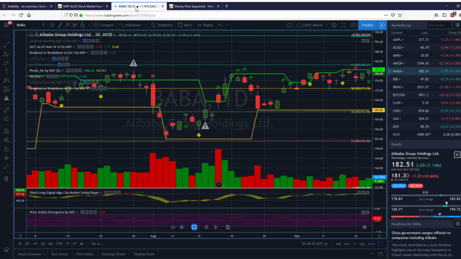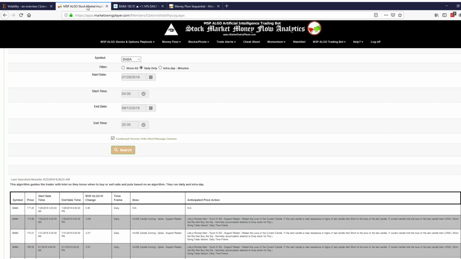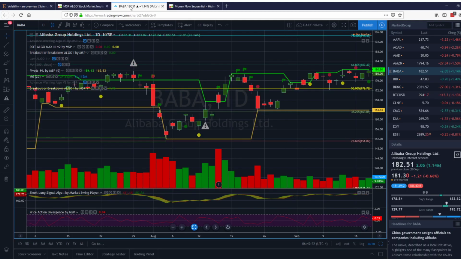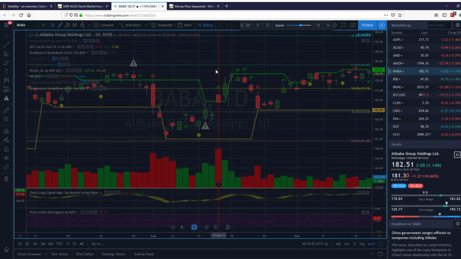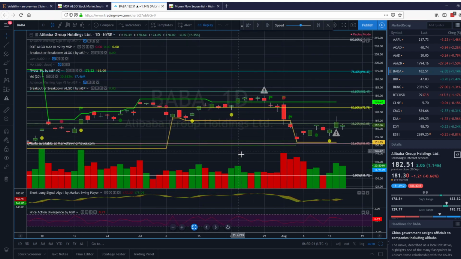Even though the market looked a little choppy and a little bearish here, so that's what the chart would have looked like.